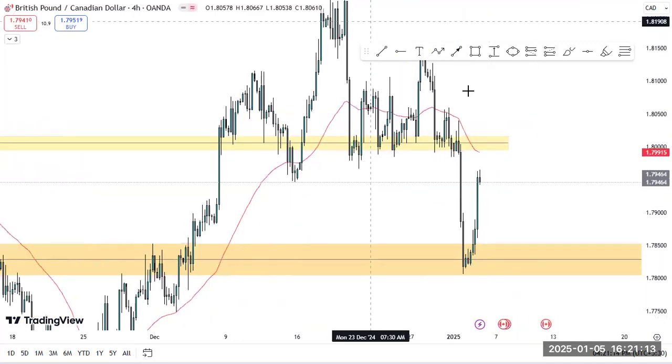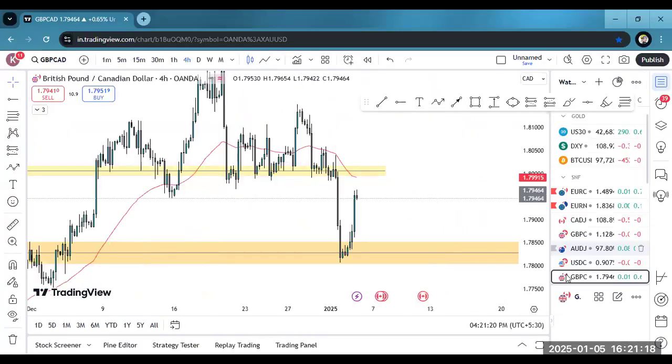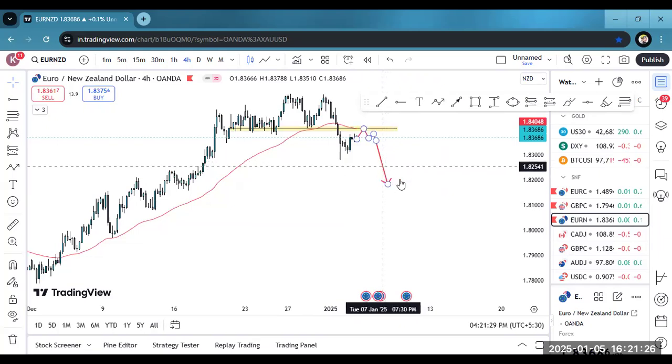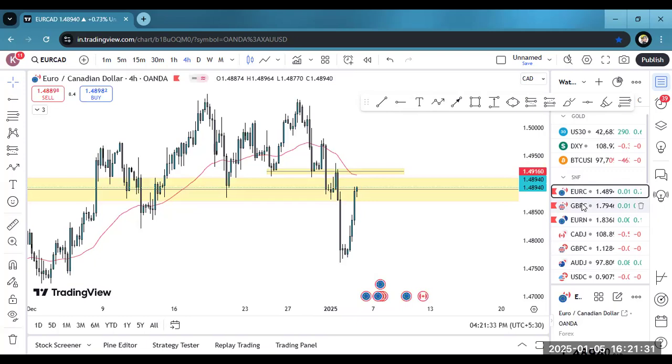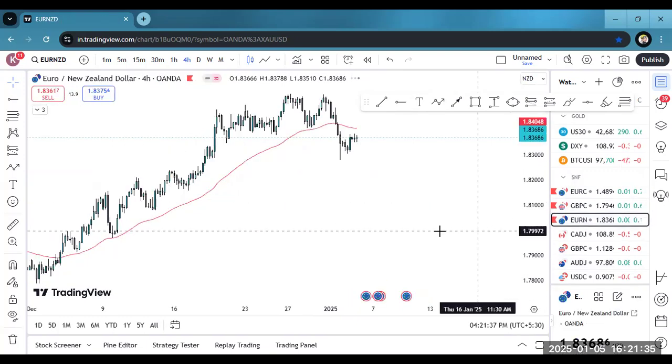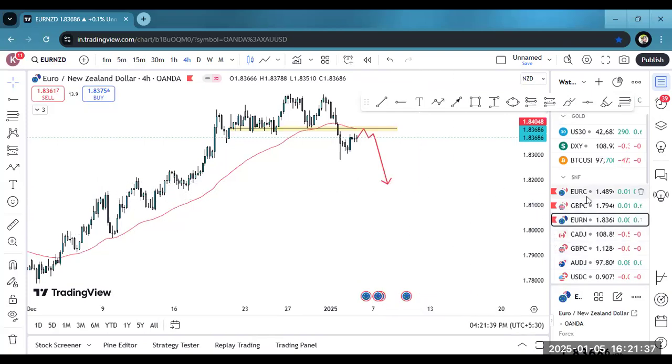Okay, so it's marking our favorite pairs. The first one is EUR CAD, and I'm looking for a downside trade as well. So these are the three pairs I'm looking for right now: EUR CAD for sell side trade, GBP CAD for a sell side trade, EURNZD for a sell side trade. Okay, so this is a great confluence, right?